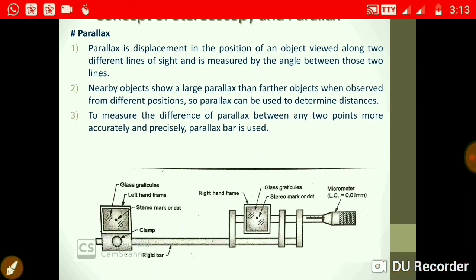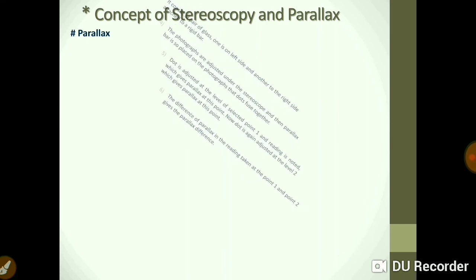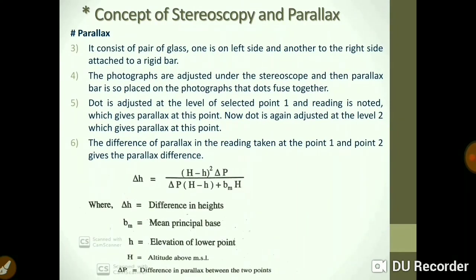After the first reading, move the parallax bar and adjust the dot at the top of the building. Now again find the reading in the micrometer. It may be any value; that value is at level 2. Now take the difference between these two values. It is the difference in parallax.